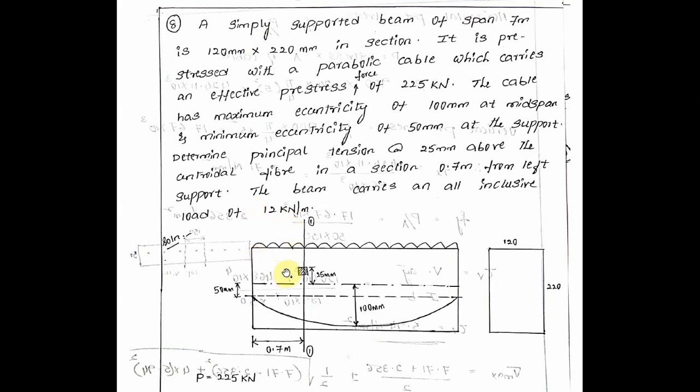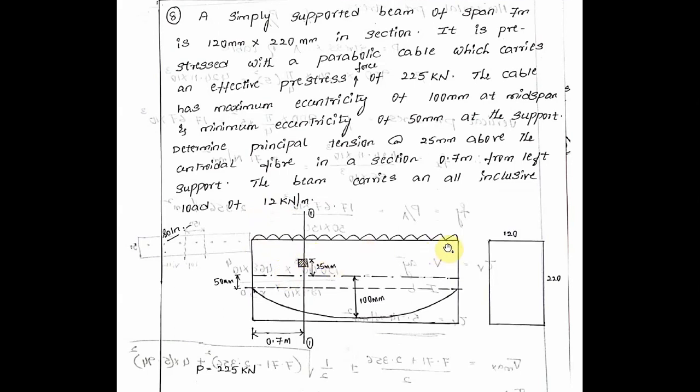So this is the longitudinal section of the beam with the UDL. Here is 0.7 meters, which we have to find, and this is the CG. From this CG, 50 mm is where the wire is located, and at midspan the cable is 100 mm eccentric from the center.